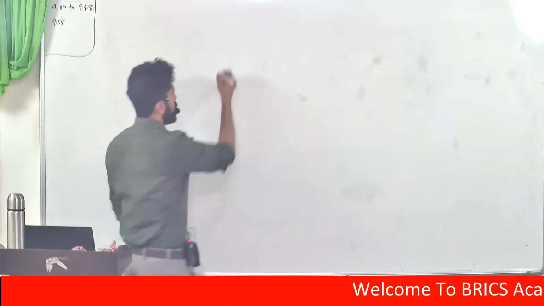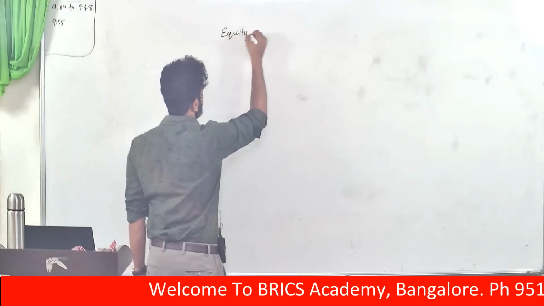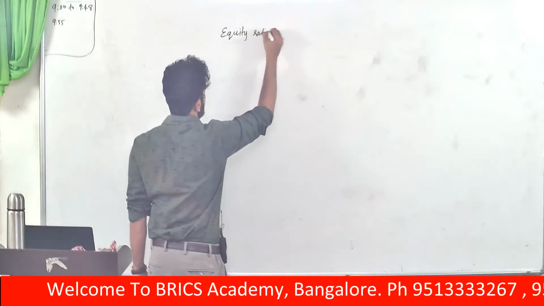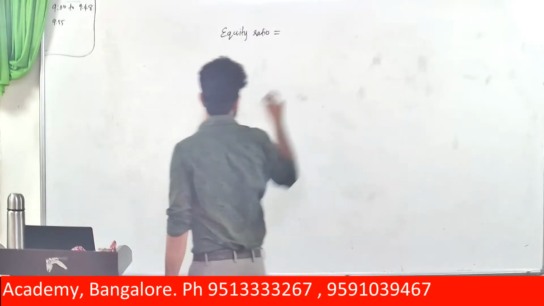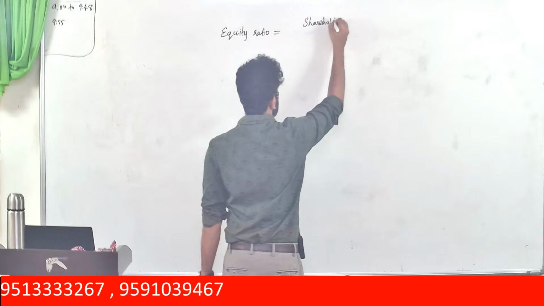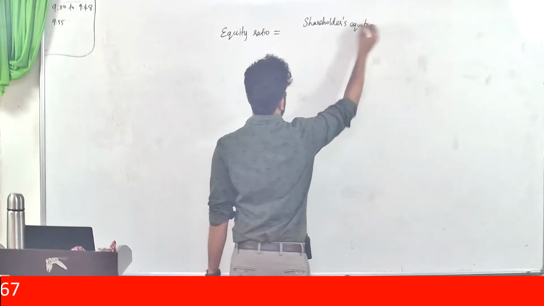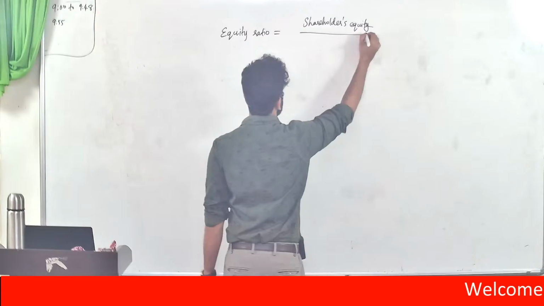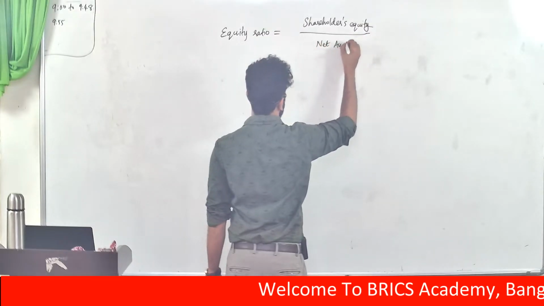Capital structure ratios. First one is equity ratio. Equity ratio is equal to shareholders equity divided by net assets.